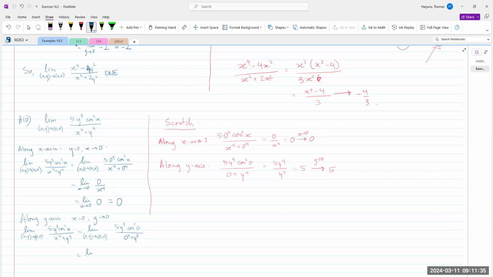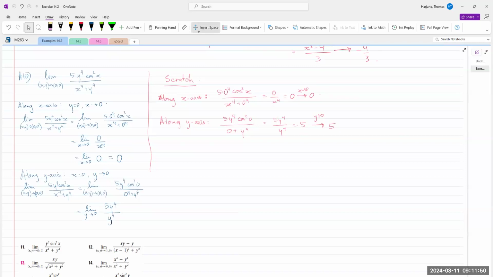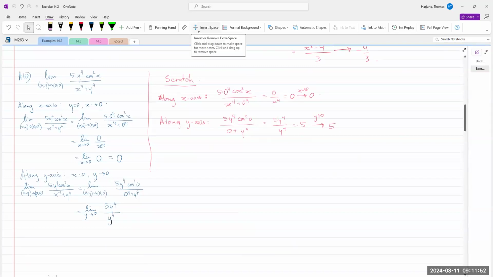This is limit as y goes to 0 of 5y to the fourth, again because cosine 0 is 1, over y to the fourth. The y to the fourth cancel because y is approaching 0 but not 0 yet. That's why we need to write this limit condition. Limit as y approaches 0 of 5 is 5.